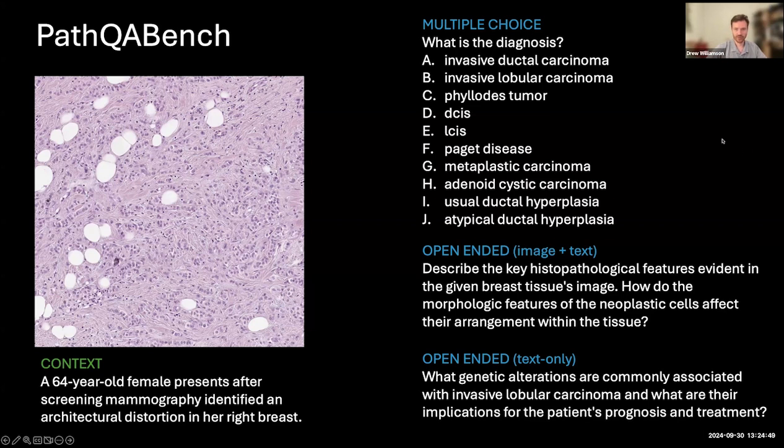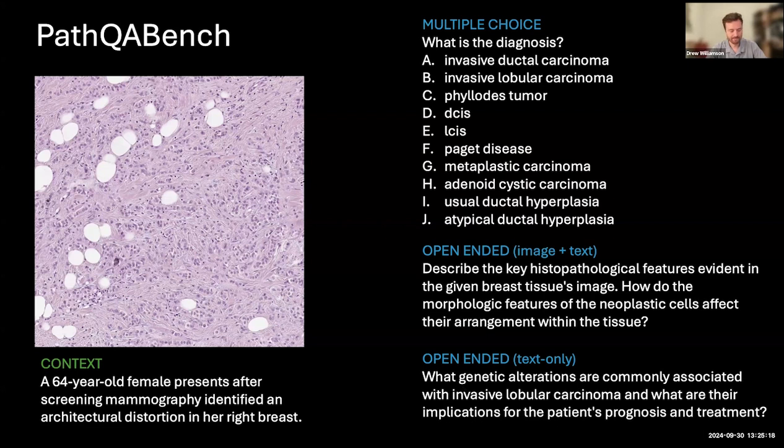For our evaluation, we had some multiple choice questions. We felt that those would at least simulate the kind of pathology board exam questions that would be a compelling reason to say that our model performs well, but aren't really indicative of clinical utility. So we also had open-ended questions, some of which required the image and some of which were text only, and felt that these were much more representative of how a pathologist might use a model like this.